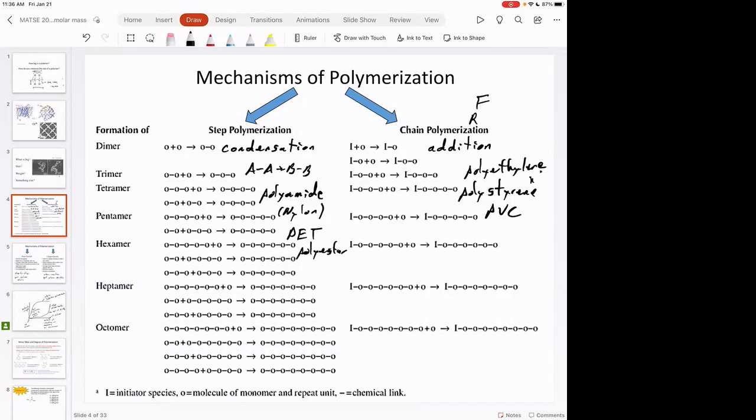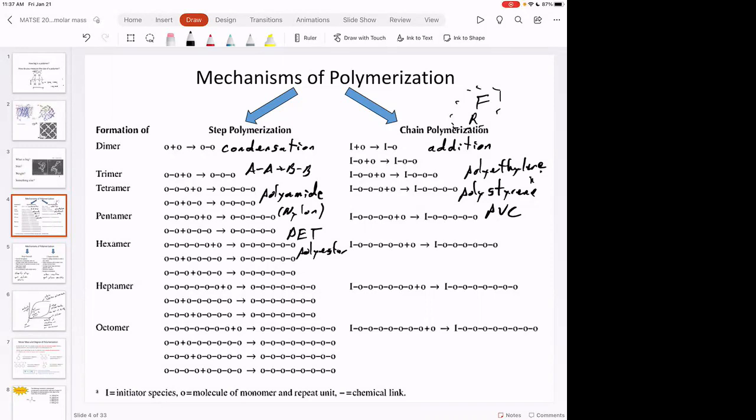It should be completely obvious from the type of monomer what type of polymerization you're going to do, step growth or chain growth. The key is this monomer right here, because these are really easy to recognize. The condensation monomers are not that easy to recognize because you have to remember, okay, carboxylic acid and amine, or carboxylic acid and alcohol.